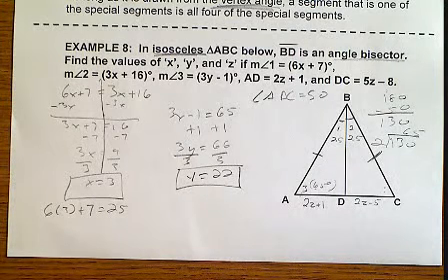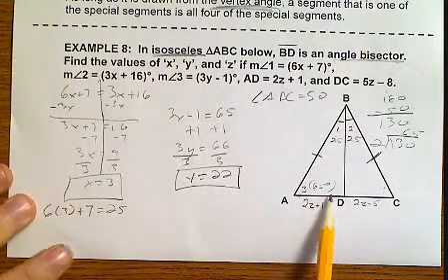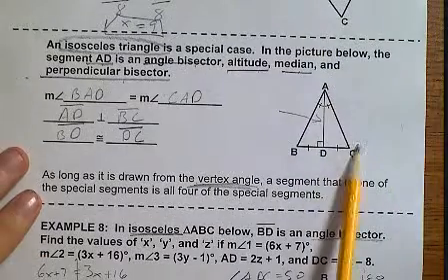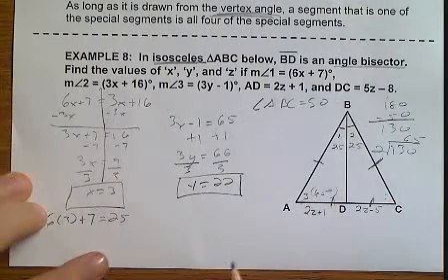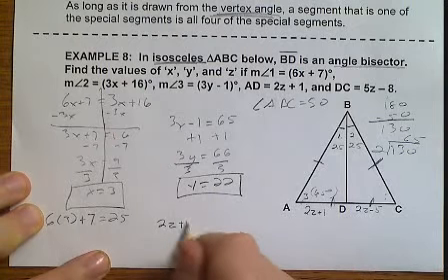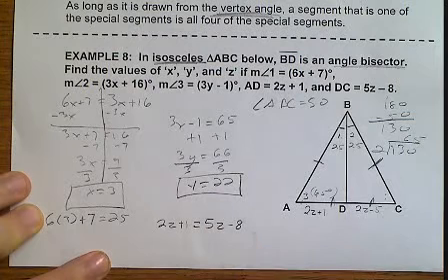Now, because I know this is isosceles, and I know this is an angle bisector, I know that these two pieces also have to be the same. Going back to up here, my picture. So if I know these two are the same, then I know that 2z plus 1 equals 5z minus 8.